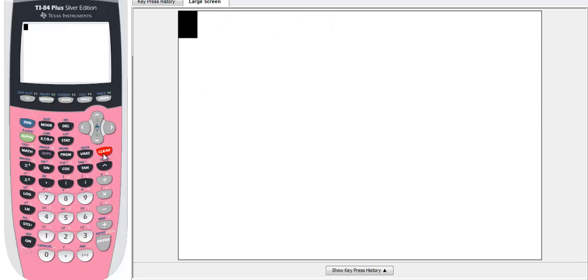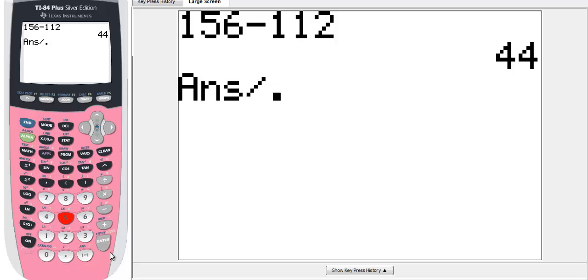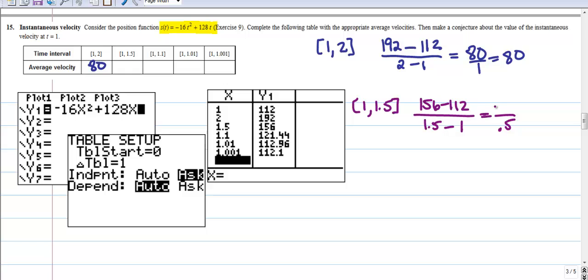So I'm going to take the 156 minus the 112. I just don't feel like doing parentheses and all that, so that's why I'm doing it this way. But then divide by 0.5, I get 88. So 88. And now I can just continue doing this.